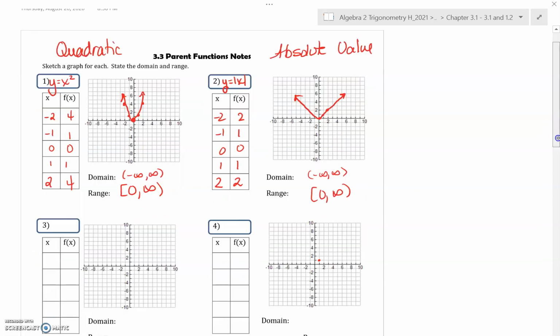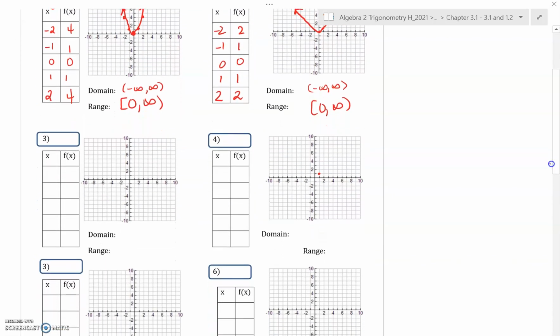Okay, so let's go ahead and think about the next two. This is actually the square root, or you could say a radical x or square root function, and then we have a cubic. Now when I pick values for x for the square root function, I'm going to be careful because we don't get a real number if you take a square root of a negative number. So I would choose 0, and then I'm going to make it easy on myself.